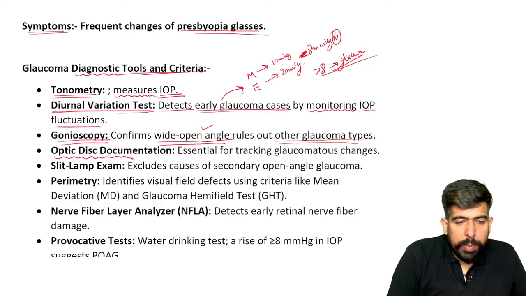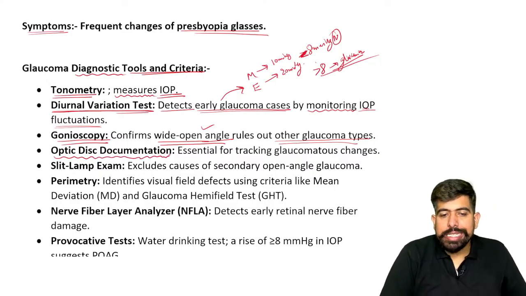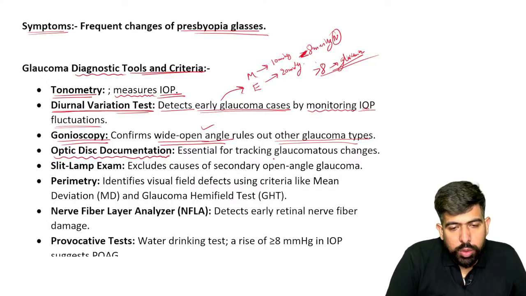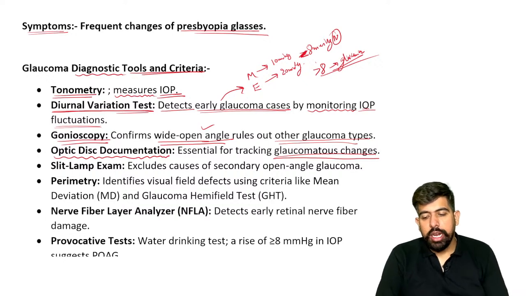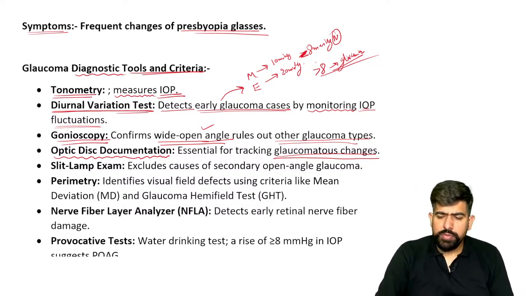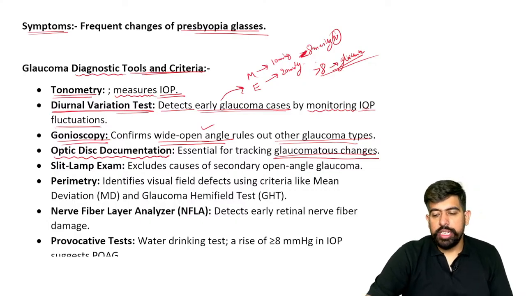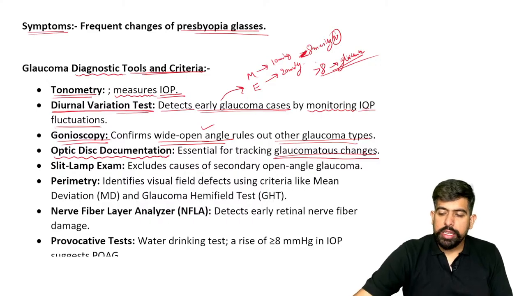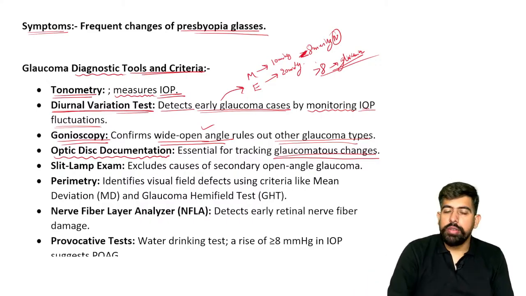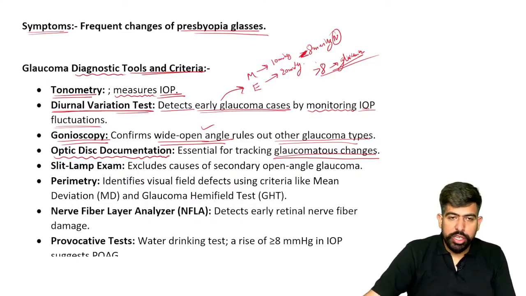Next, optic disc documentation. Again the same, we talked about all the glaucomatous changes which I told you. The disc changes will be seen over there. The nasal step and visual field defects will also be available, but in the optic disc there will be an increase in the cup disc ratio, as we talked about.